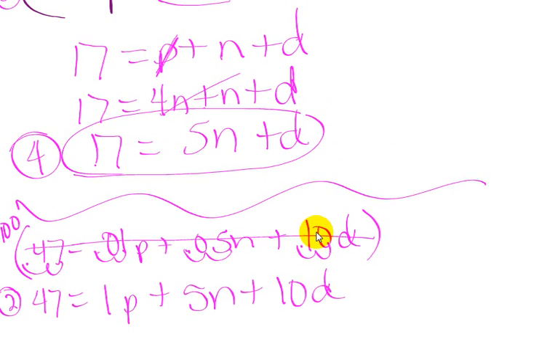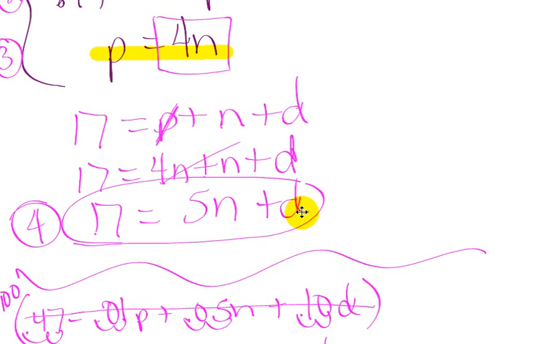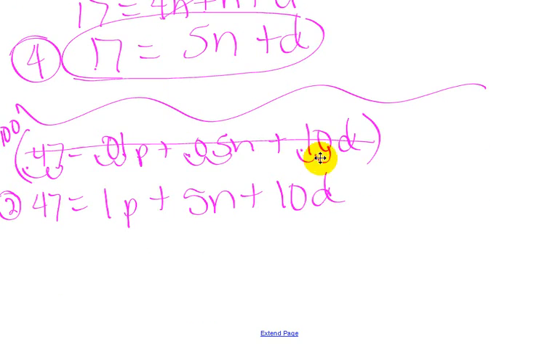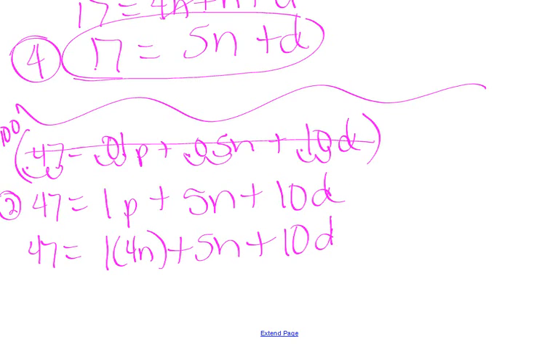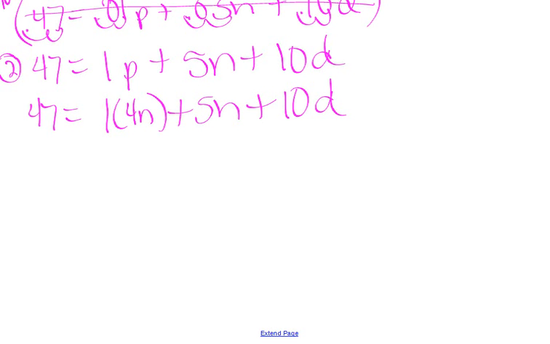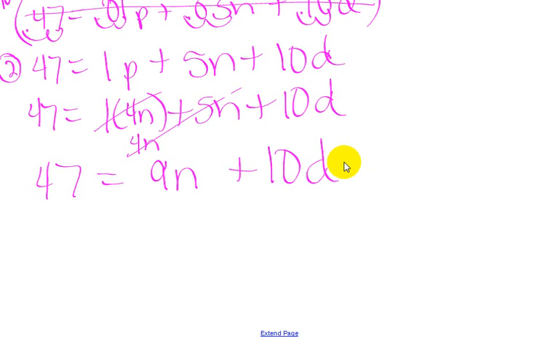Okay, so now I'm going to substitute my 4n for p into equation 2. So we're going to have 47 equals 1 times p, which is 4n, plus 5n plus 10d. Now, 1 times 4n is just 4n, and 4n plus 5n is 9n. Carry down plus 10d, and then on this side it's 47 equals.